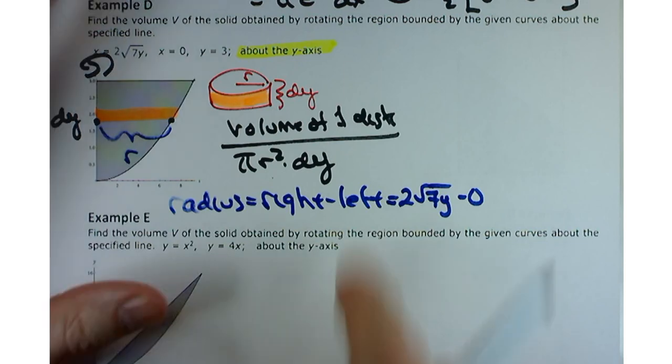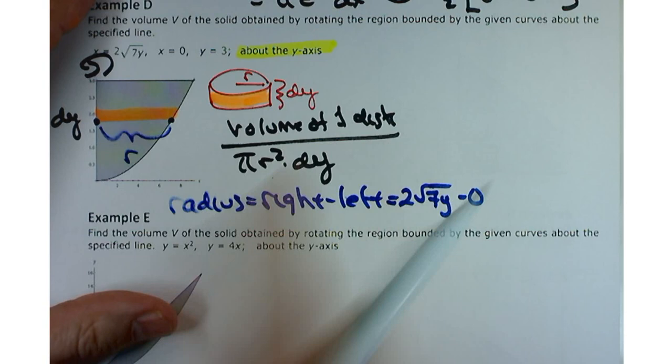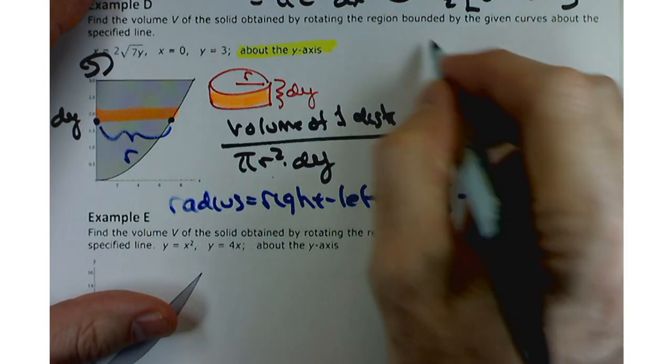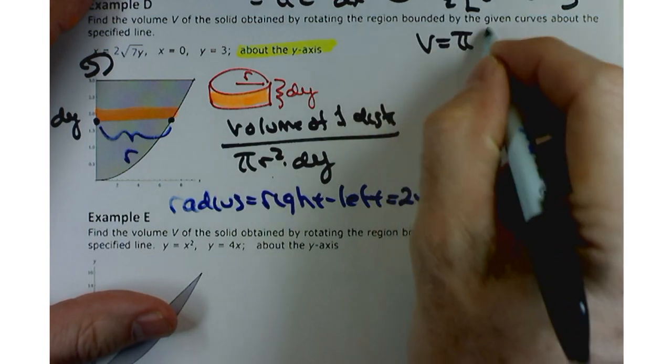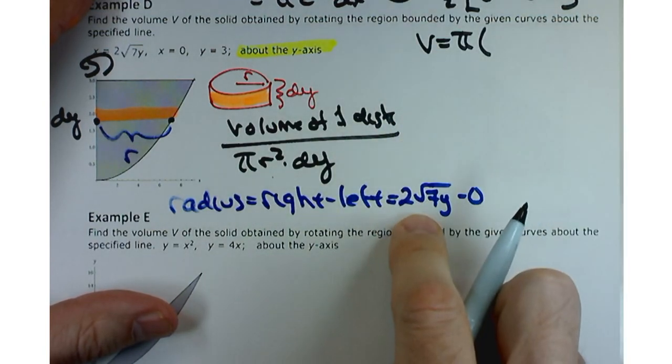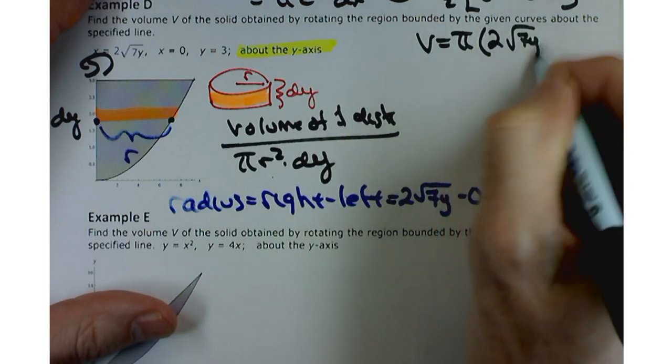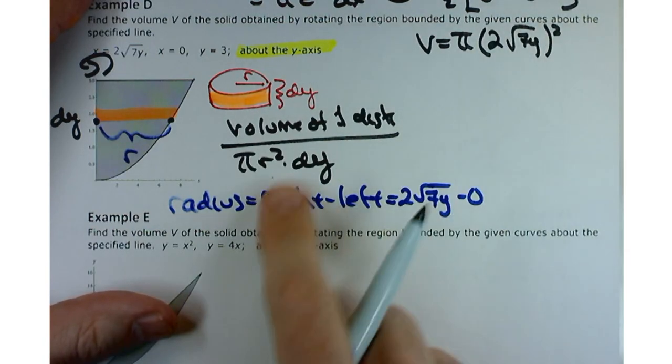Okay, let's plug that into our formula here and see if we can find the volume of one disk. So volume is going to be pi times 2 square roots of 7y squared times dy.